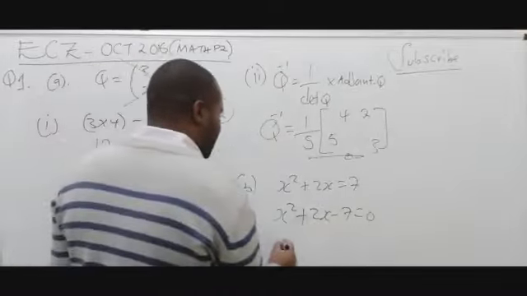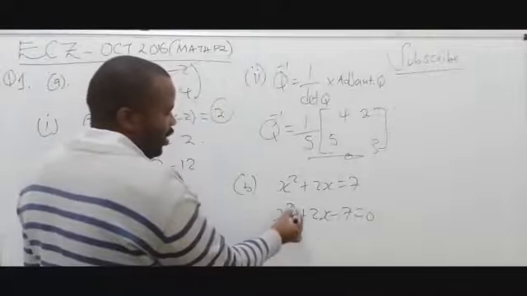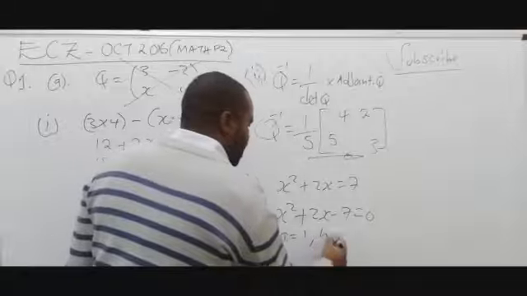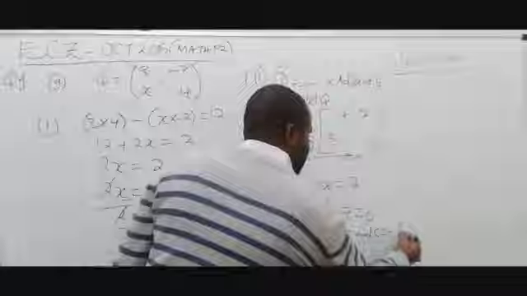So here, what is key? You identify these variables. A is the coefficient of this one, that is power 2, so you have got 1. B is 2, and C is negative 7.